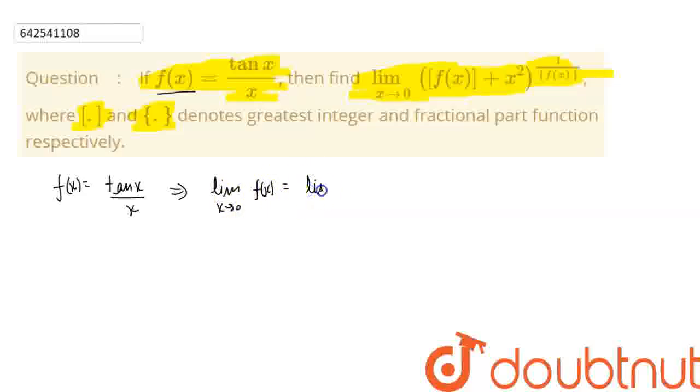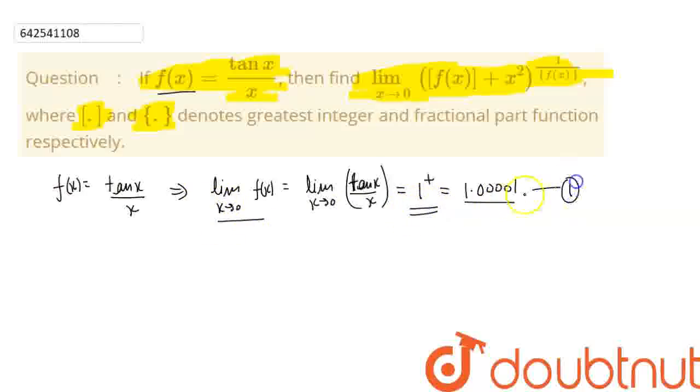Now we know that as x tends to 0, this tan x by x would tend to 1 plus. It would be slightly greater than 1. So 1 plus means that this value would be 1.00001. So we have got the limit as x tends to 0 of f of x as 1 plus. Let us say that this is result 1.